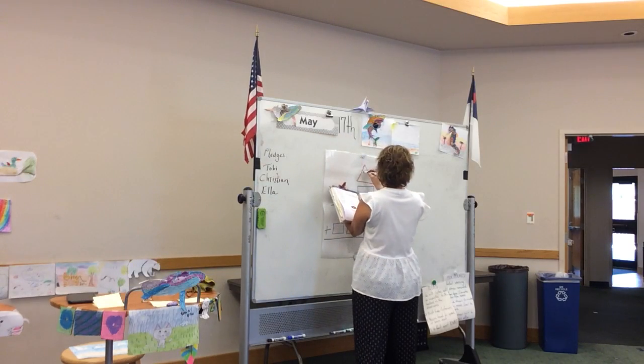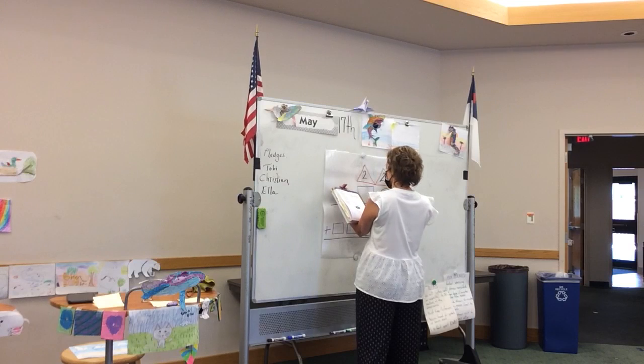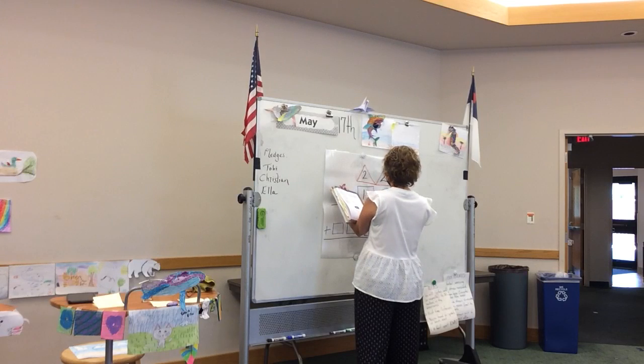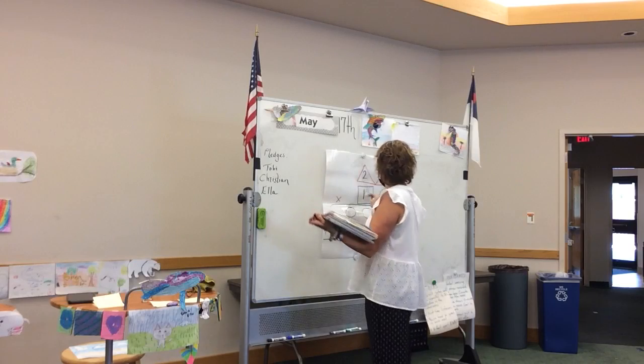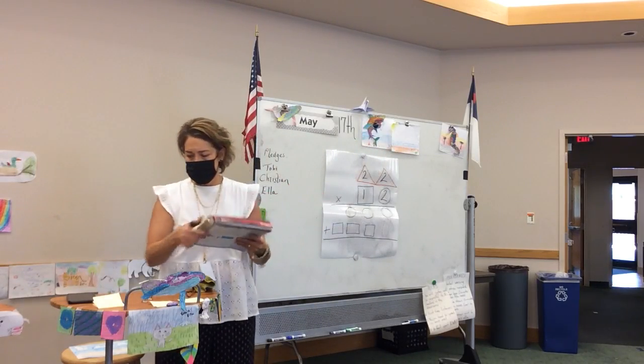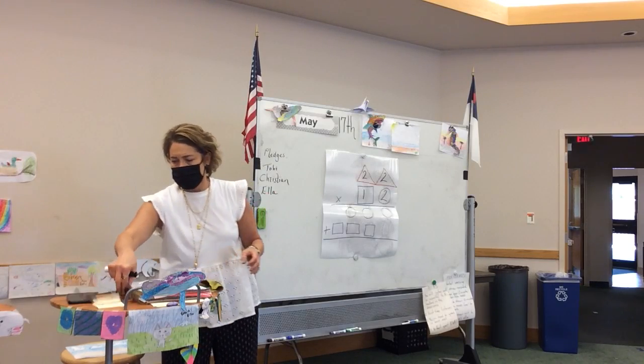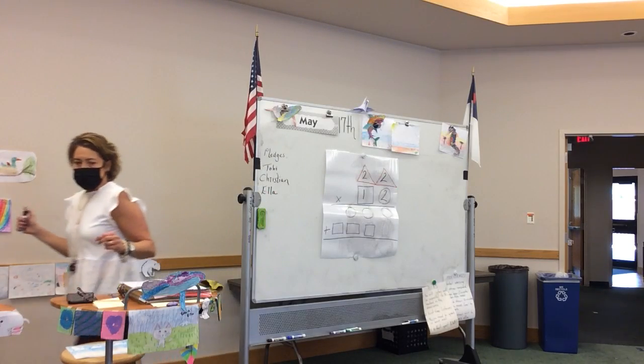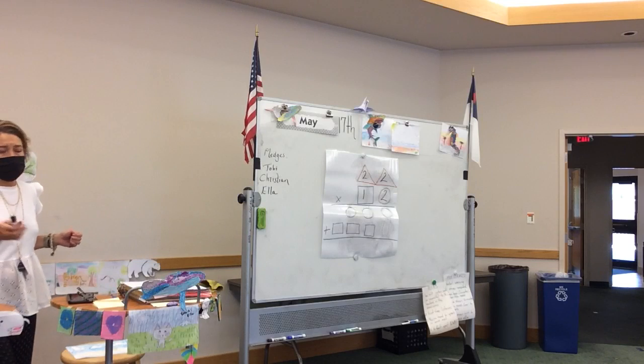So 22 goes in the triangles. 2 and 2. 1 and 2 go in the square and circle. Jeremiah. We could just do this all day.